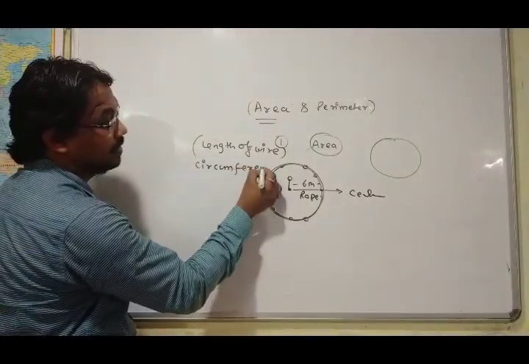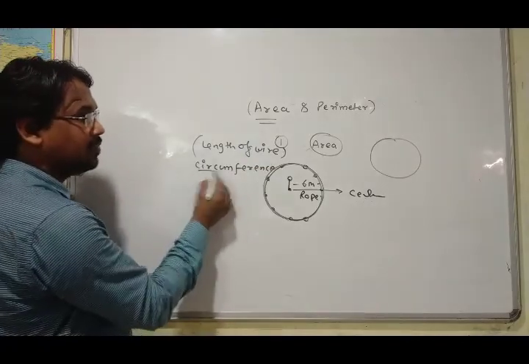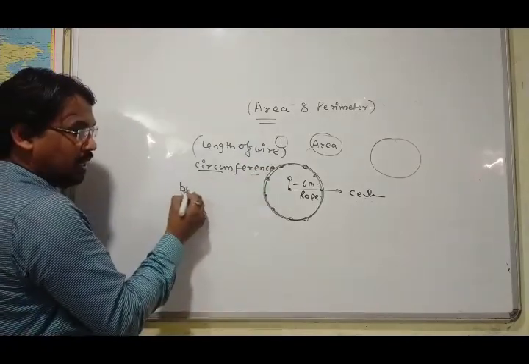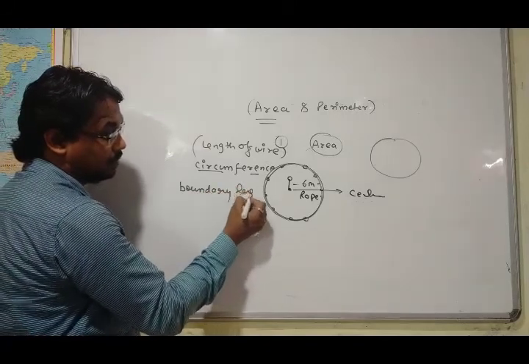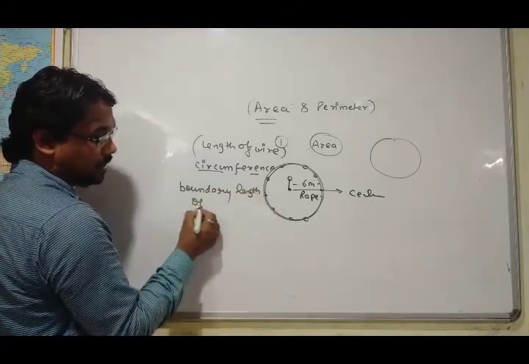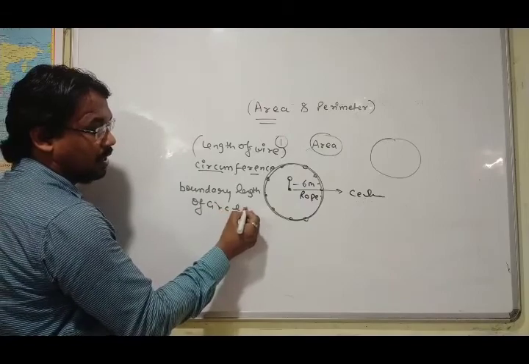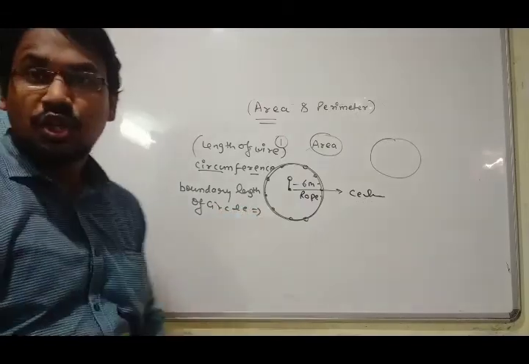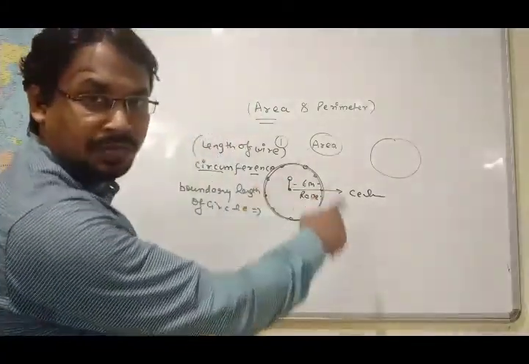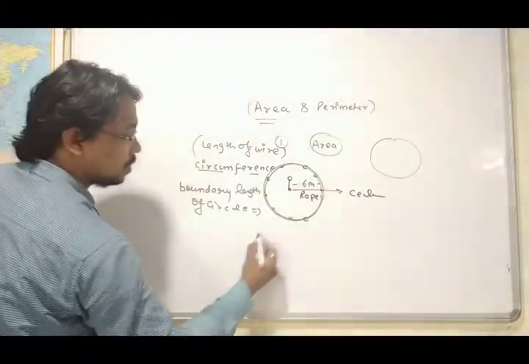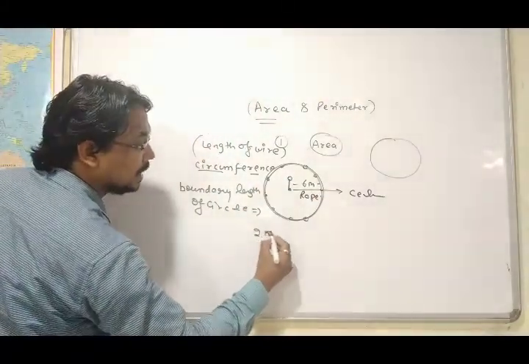Circumference means the boundary length of the circle. Now the question arises, how will we measure the length of its boundary? Its formula will be 2 pi r.